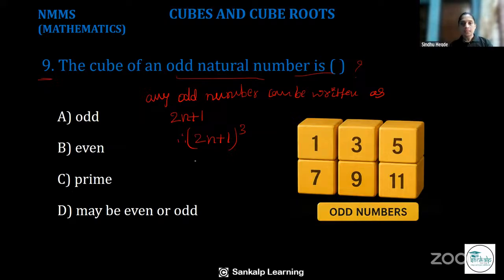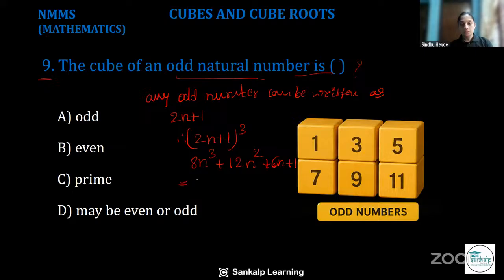Simplify this. It is in the form of a plus b whole cube. Using the formula, we get 8n cube plus 12n square plus 6n plus 1.